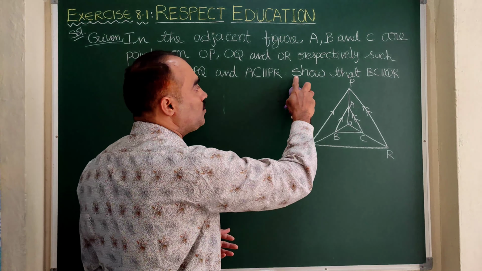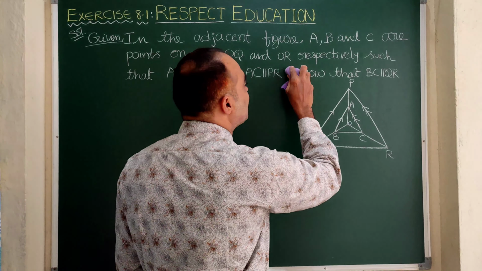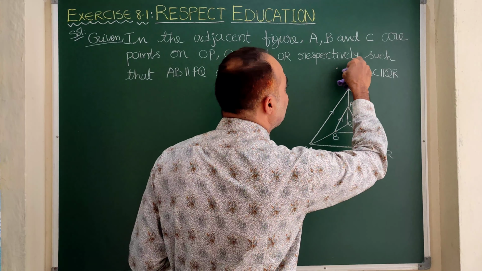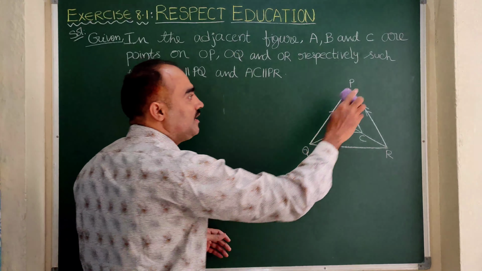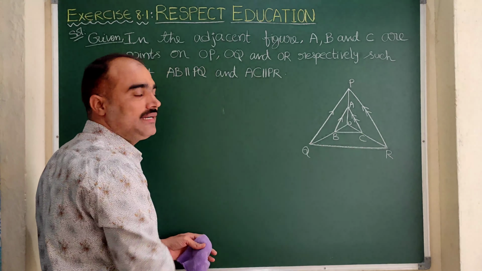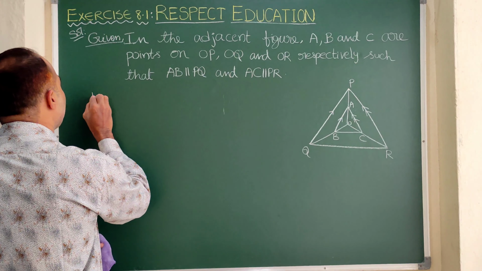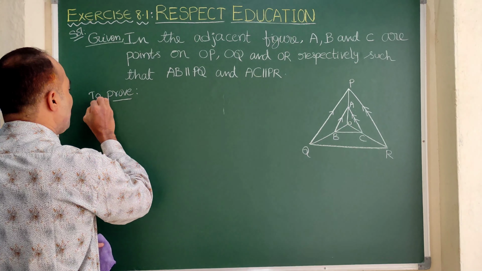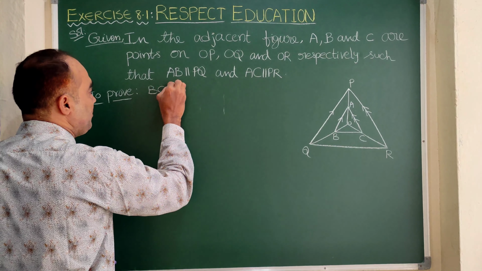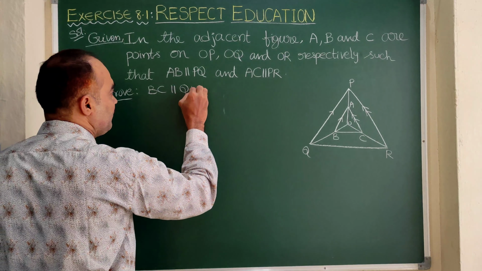Now finally we have to show that BC parallel to QR. Here I am going to write it as to prove BC is parallel to QR.